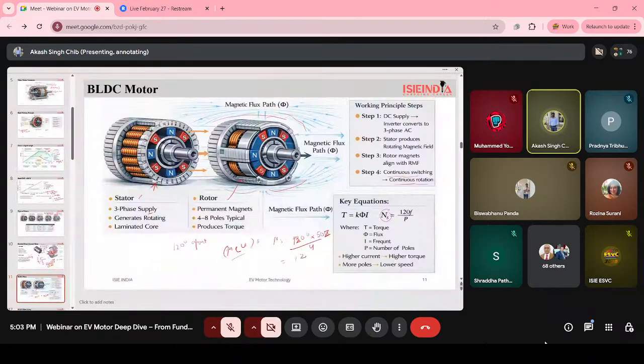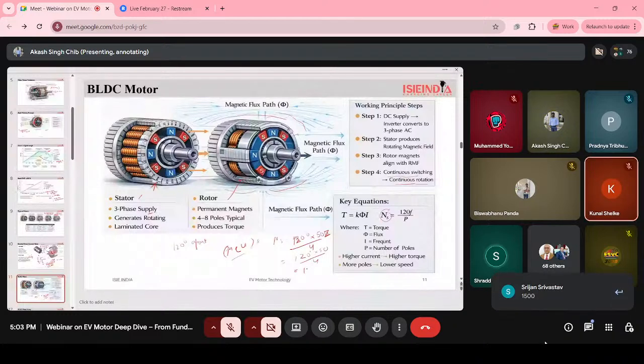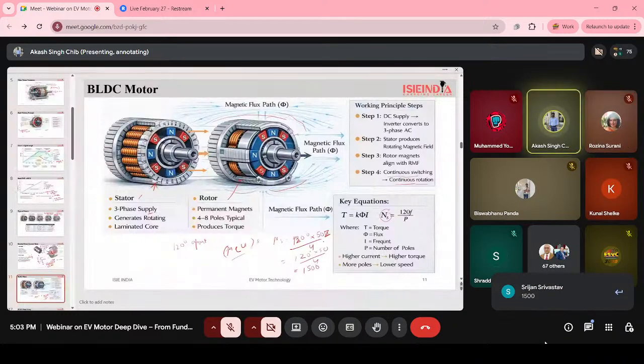Can anyone calculate 120 into 50 upon 4? How much is it? 500. Yes. So we are getting 1500 RPM.